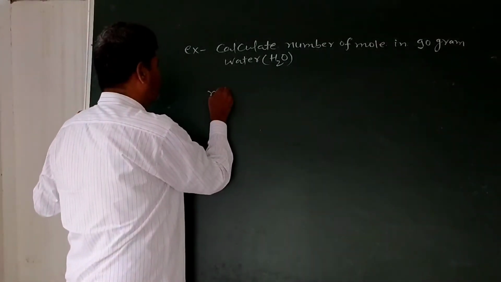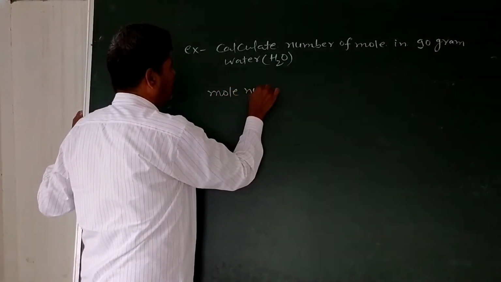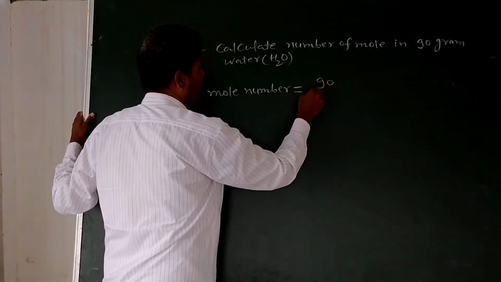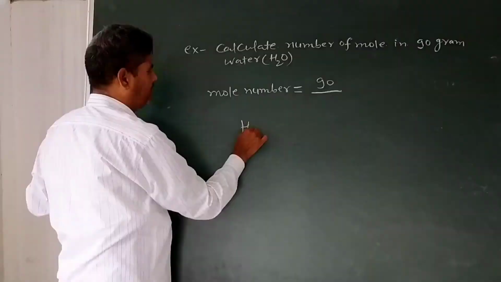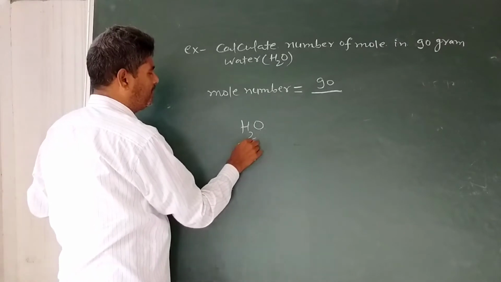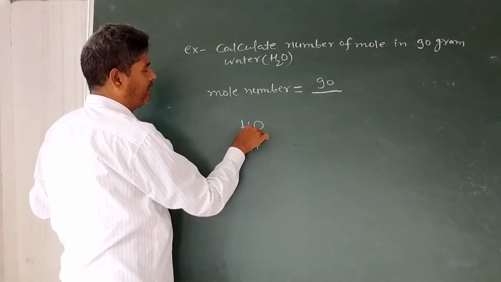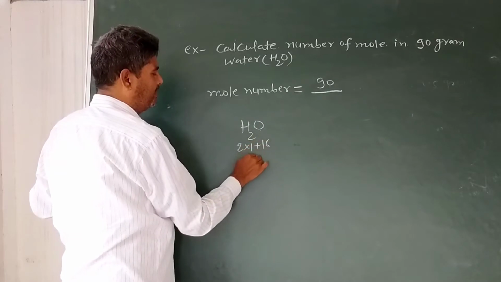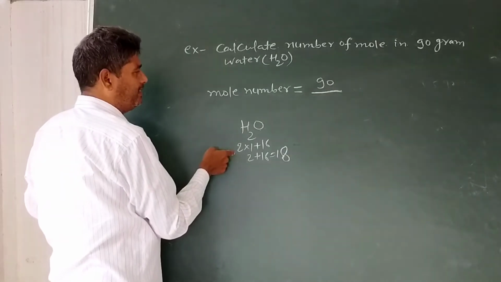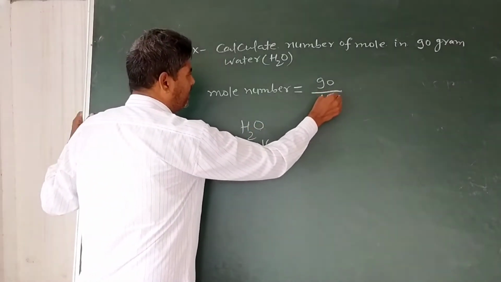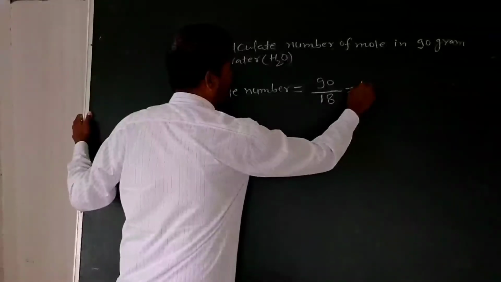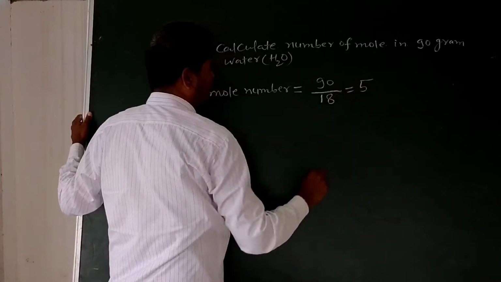The mole number is equal to given mass of water 90 and molar mass of water 18. 2 hydrogen: atomic mass of hydrogen is 1, so 2 times 1. Here a single oxygen is present. Mass of 1 oxygen is 16. 2 plus 16 is 18. So the molar mass of water is 18 here. The 90 is divided by 18.